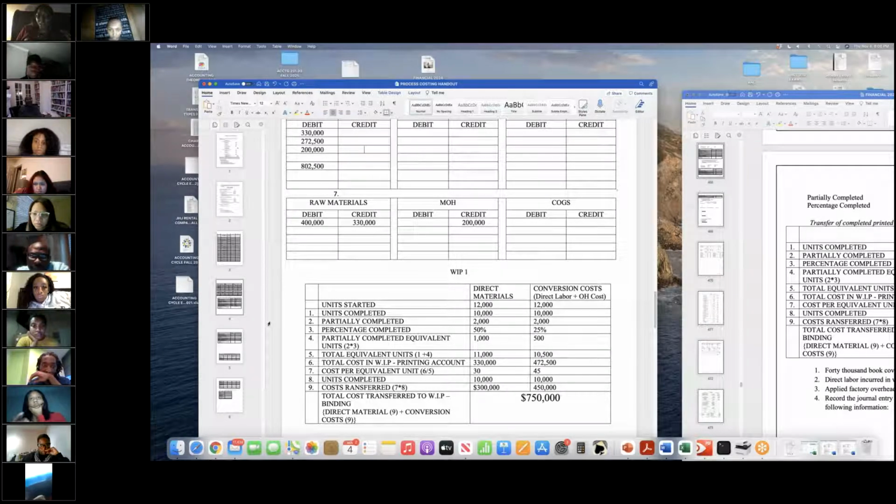It's in parentheses right next to it. It says add 1 plus 4. Okay, thank you. Sorry, I was adding the wrong numbers. Line 1 plus line 4, those are the correct lines? Yes, sir.